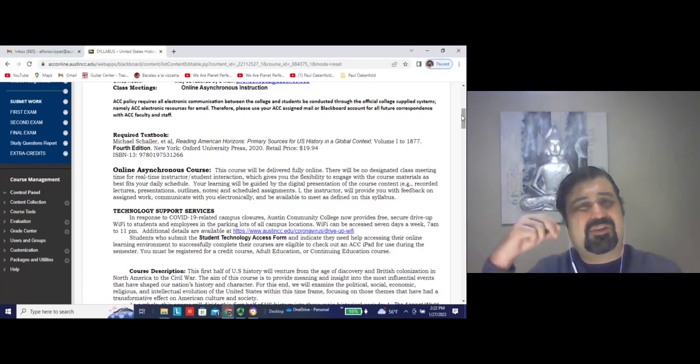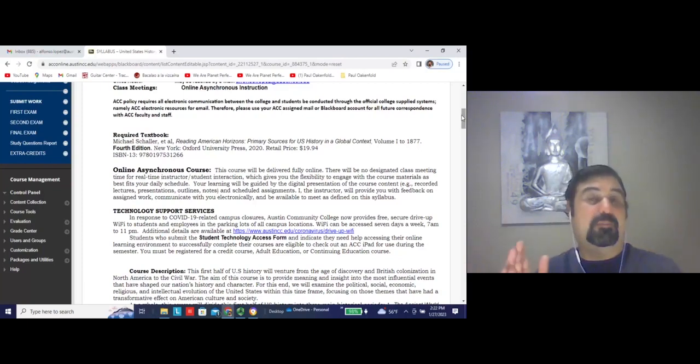I mentioned that you need the 4th edition because earlier editions do not contain the same documents. Every edition has different documents. Students who end up getting the 3rd edition or the 2nd edition have a very hard time completing this assignment because they cannot find the documents. So if you want to make sure you're buying the right book, I have provided the ISBN number there.